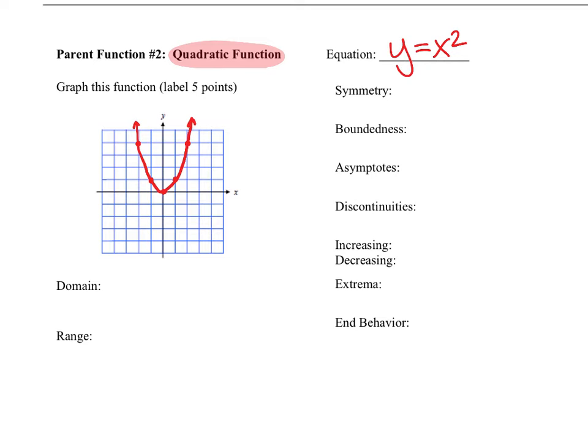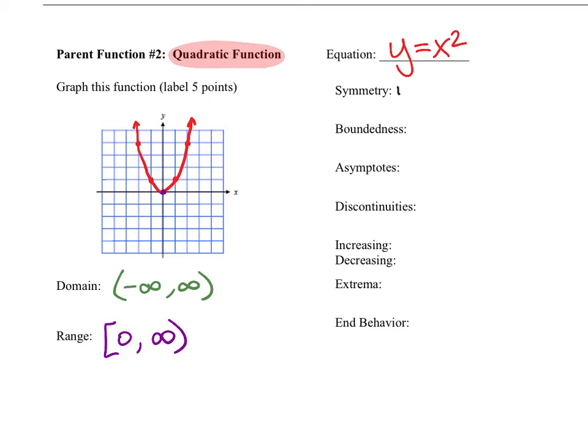Its domain, again, for this parent function, is from negative infinity to infinity. There's no point that this is going to stop on its domain, but since it has a lowest value, its range is from 0 to infinity, because that's as low as it goes. And I used a bracket because this point (0, 0) exists, it's on the curve, so we know it's a part of my range.